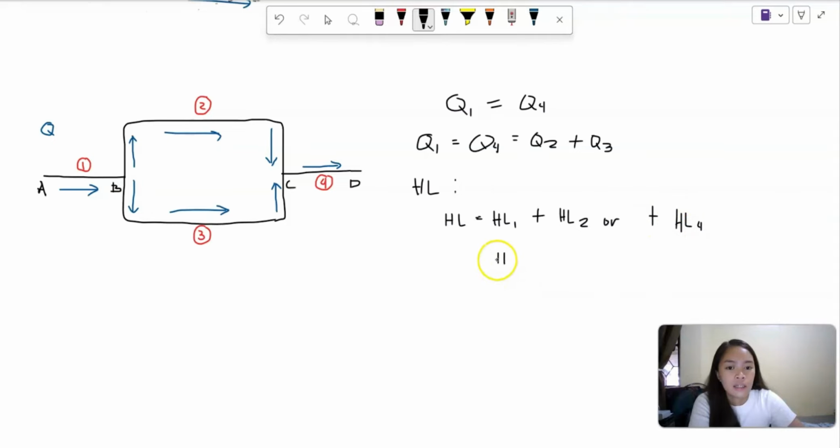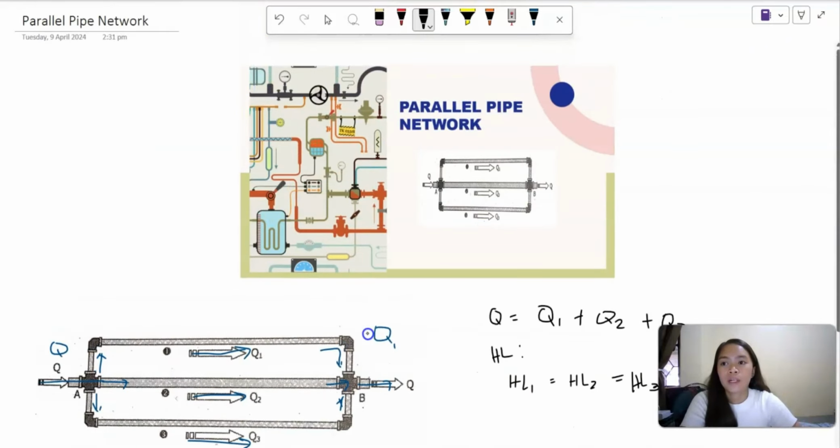Again, by the general rule of parallel, the head loss in pipeline 2 is the same as the head loss in pipeline 3. So now, we already know the discharge and the head loss of the parallel pipe network. Let us proceed to the examples.